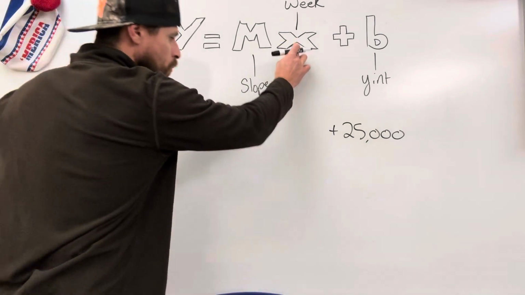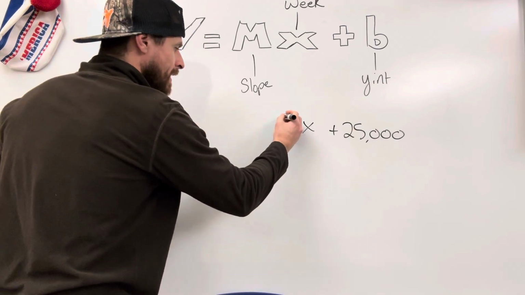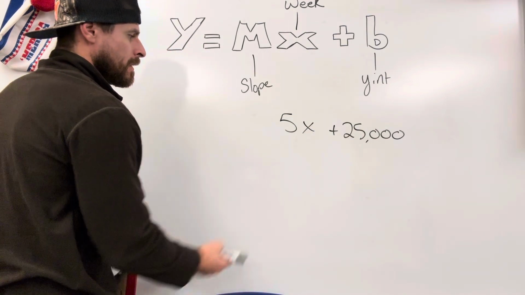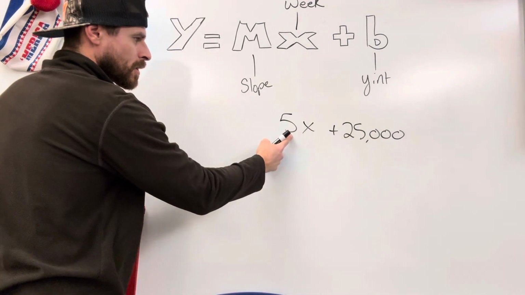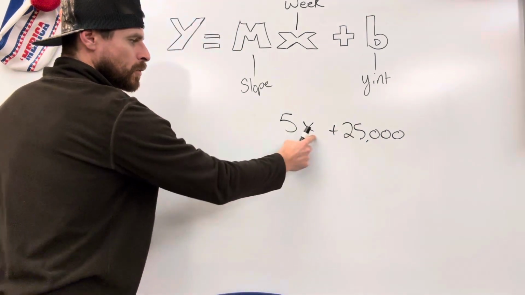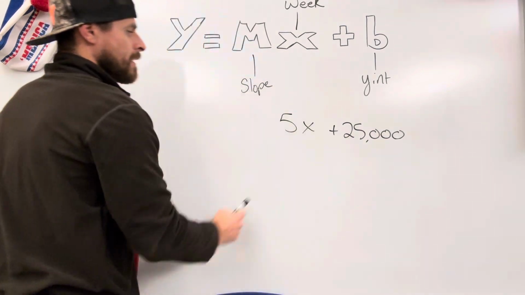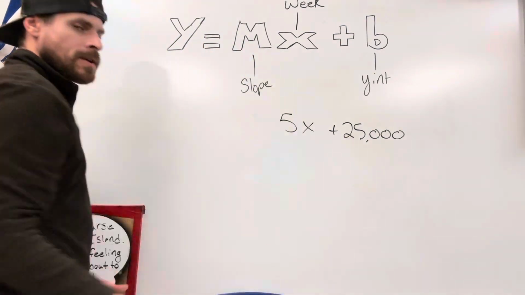Well, every week that goes by, I'm gonna add, so I put positive 5. 1 week goes by, 5 more cards. So just add 5 to your total. 2 weeks go by, you would be adding 10 total cards. So you'd add 10 to this. 3 weeks, 4 weeks, 5 weeks, it really doesn't matter.